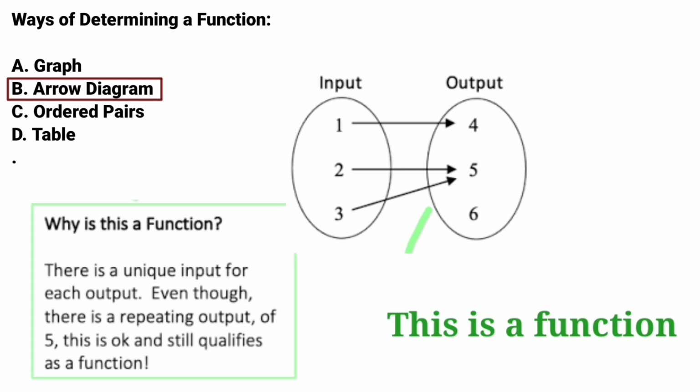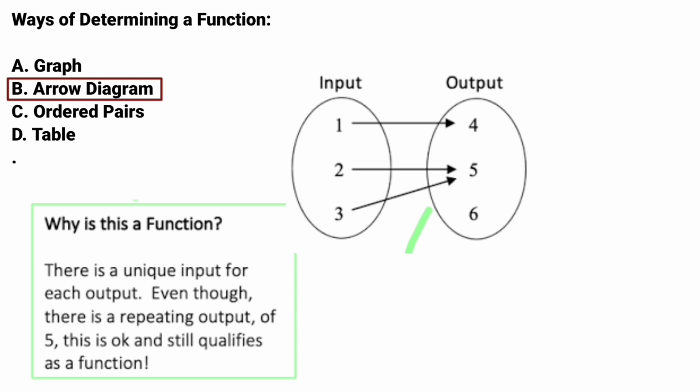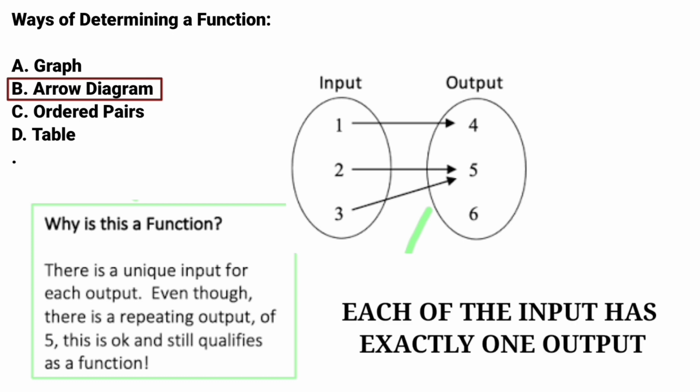Dahil ang isang input ay meron lamang isang output. Si 2 natin, isa lamang ang output na meron siya, which is yung 5. Si 3, isa lamang din ang output na meron siya, which is yung 5 din. It just happened na parehas sila ng output, but then ang pinaka-importante nating titingnan dito, yung ating input ay may isa lamang na output.